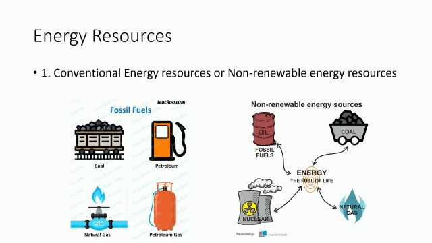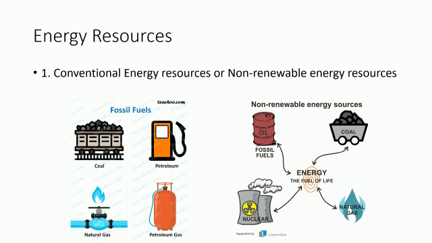These resources have been used since a long time. Conventional energy resources are also called non-renewable energy resources, and they include coal and fossil fuels such as petrol, diesel and natural gas. These resources are used extensively by mankind, and the magnitude of usage is so high that the reserves have got depleted to a great extent.